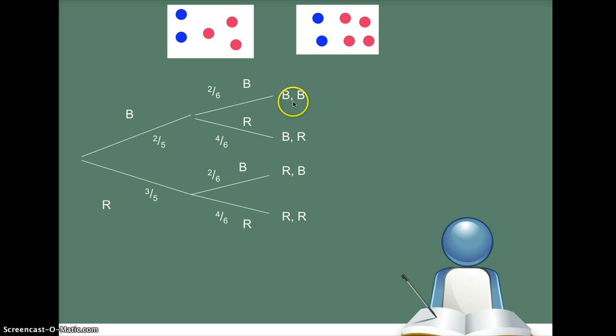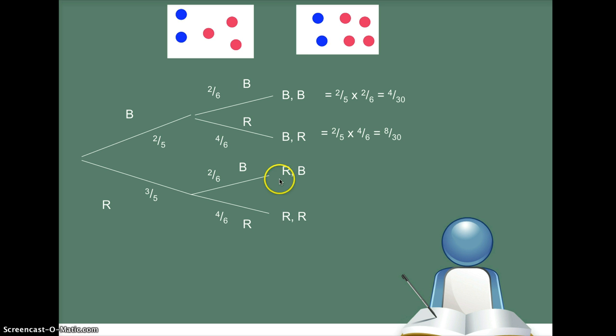Okay, so what's the probability of getting blue and blue? As you go along the path, you are multiplying. So blue, blue, 2/5 times 2/6, you will get 4/30. For blue and red, doing it along the path, 2/5 times 4/6, you will get 8/30.